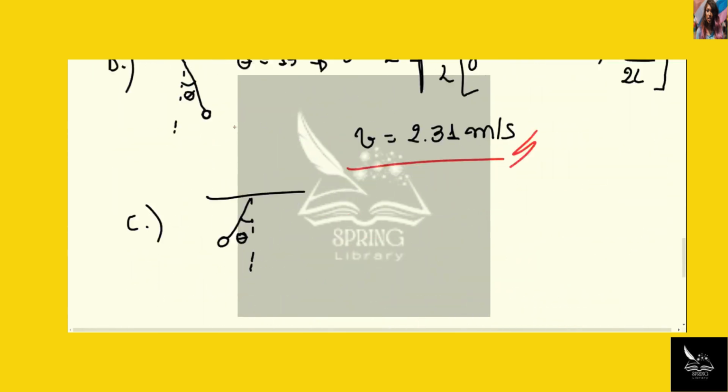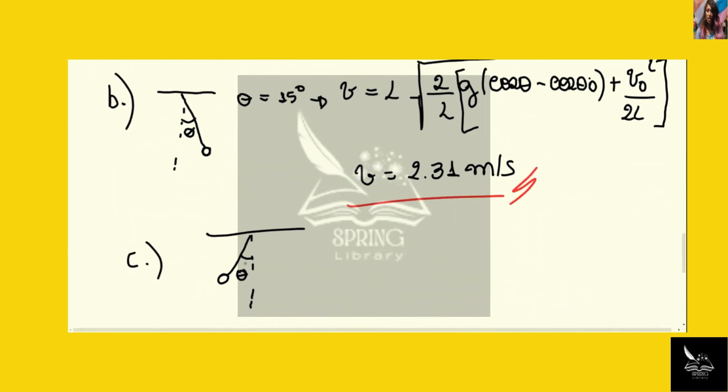And this is what actually happens. So this angle here is the same as the angle of question B. So if the angle is the same, then the answer is also going to be the same. So here the same thing, 2.31 meters per second.